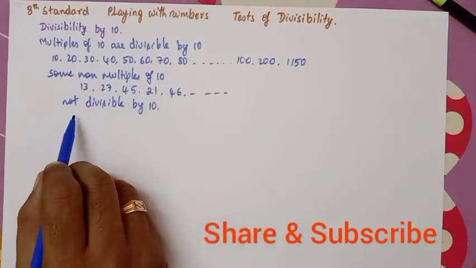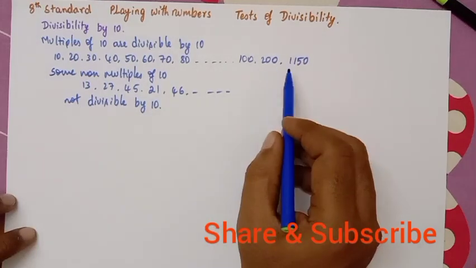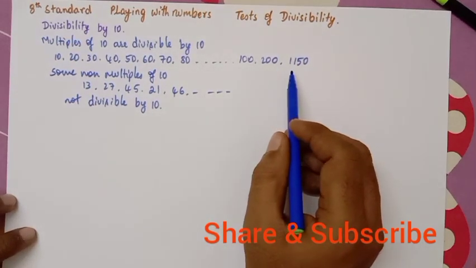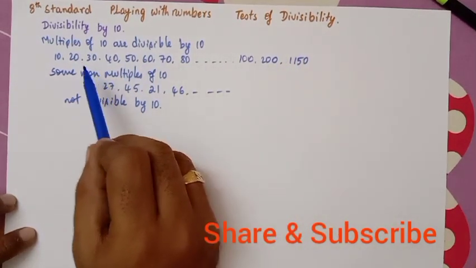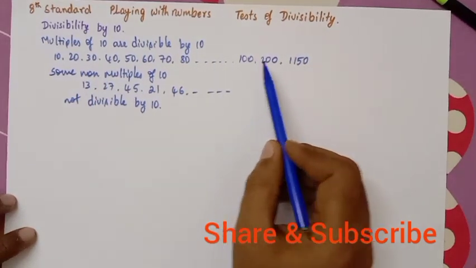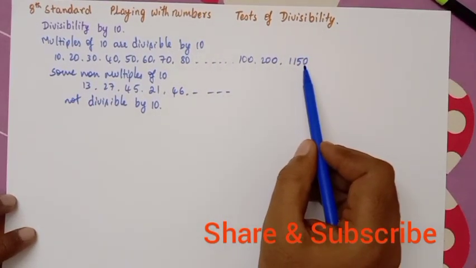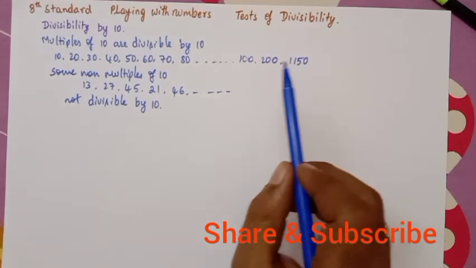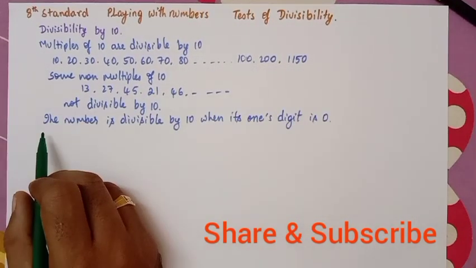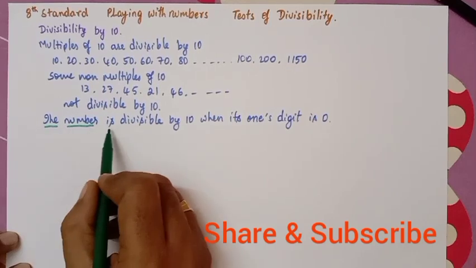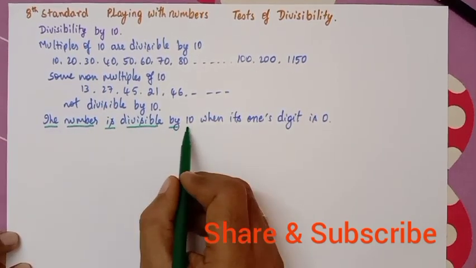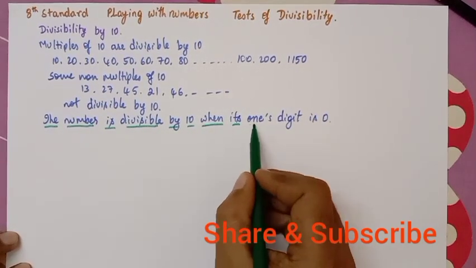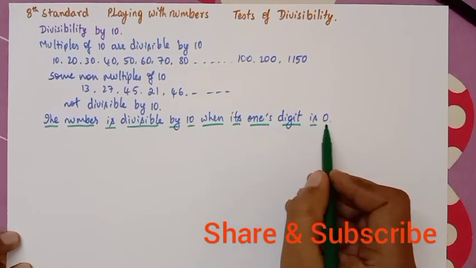So from this we can come to the conclusion that if the number has 0 in the ones place, then it is divisible by 10. The number is divisible by 10 when its ones digit is 0.